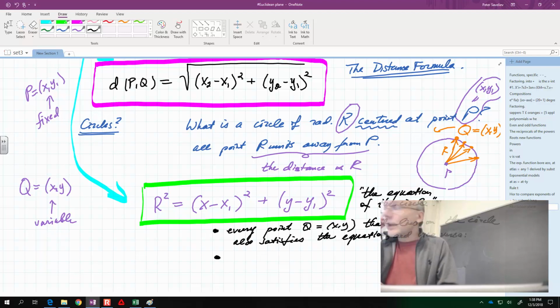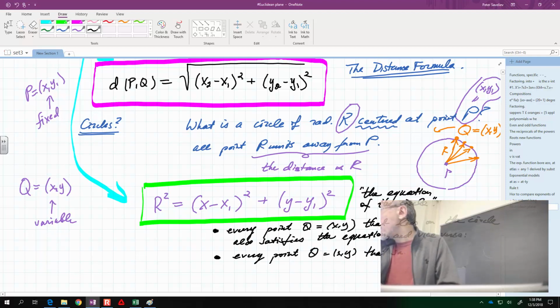So the converse is: every point that satisfies the equation also lies on the circle. Conversely, every point Q that satisfies the equation lies on the circle.